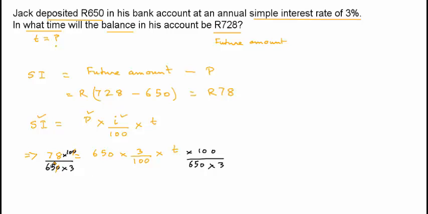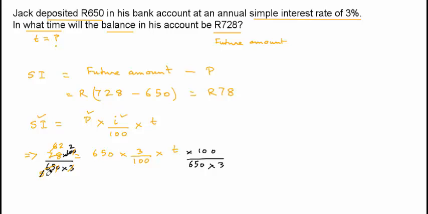And then divide 65 and 78 with the greatest common factor, which is 13. 65 divided with 13 is 5. And 78 divided with 13 is 6. And finally, cross off the 3 and the 6. Write a 2 here because 3 times 2 is 6. And in fact, we could cross off the 5 with the 10. 5 times 2 is 10.